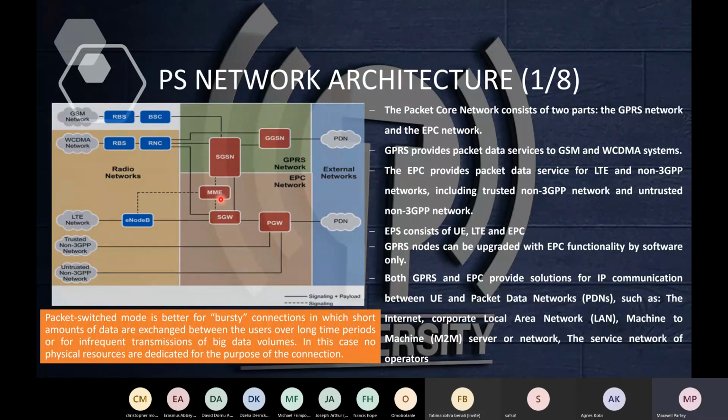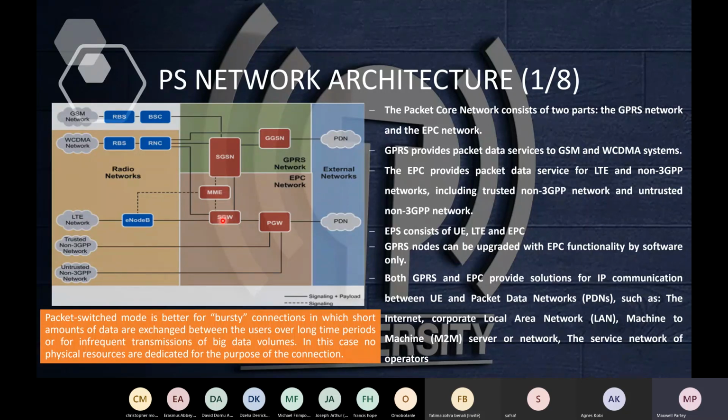In the same vein, they are trying to migrate that analogy to the packet core network, whereby the SGSN was broken down into two different nodes in the evolved packet core network. So we have the MME handling the signaling aspect of the network: mobility management, authentication, bearer management, and paging.